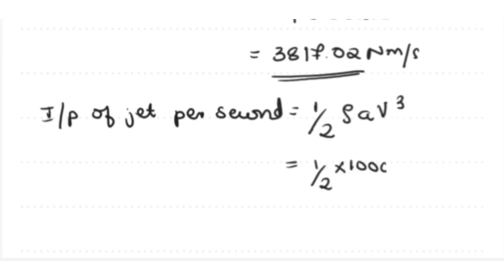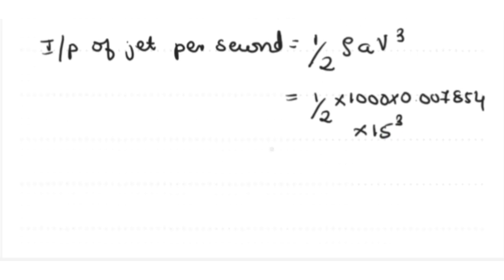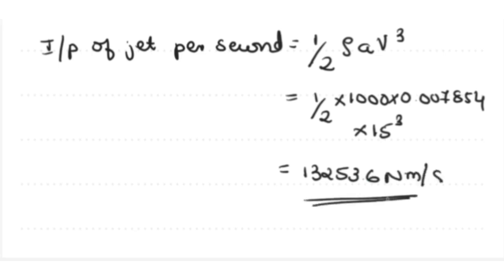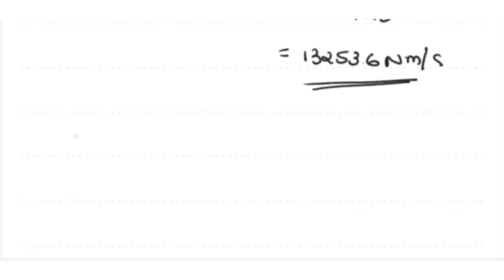So half into rho, that is 1000, into 0.007854 into velocity of jet, that is nothing but 15 cube. We should solve it. We will get the answer as 13253.6 Newton meter per second. Now we calculate the efficiency.